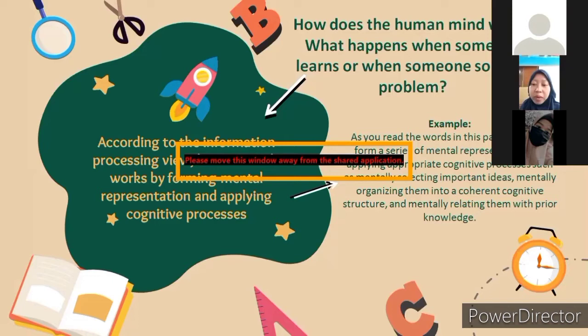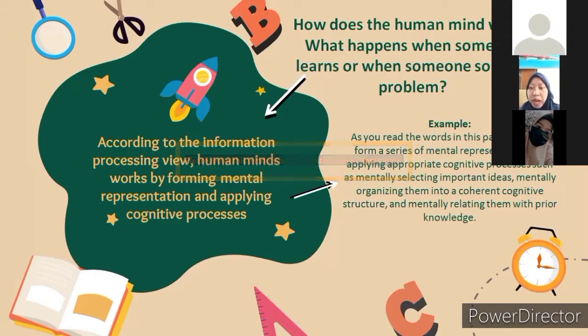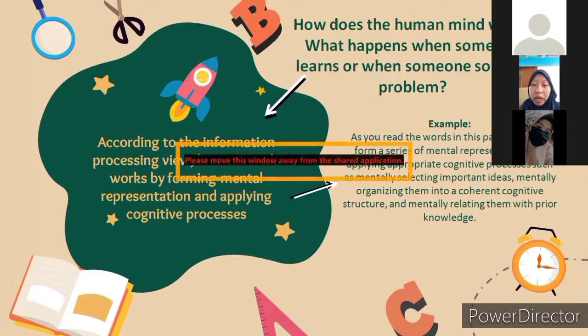So, for example, when you read a paragraph, you will form a series of mental representations by applying appropriate cognitive processes, such as mentally selecting important ideas. So, when you read a text or a passage, you are going to select what kind of information you will get, and you are going to relate that with your prior knowledge.